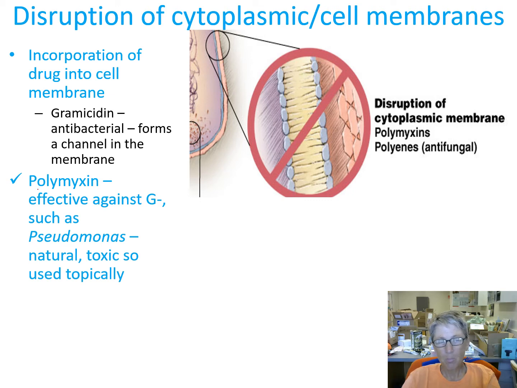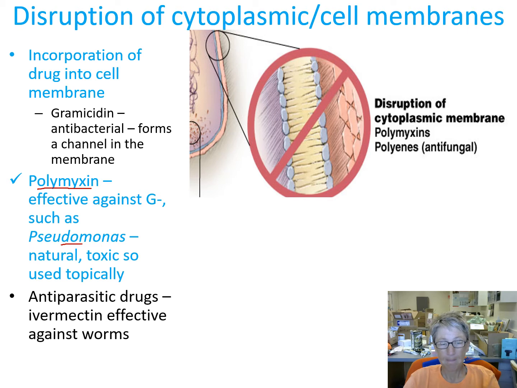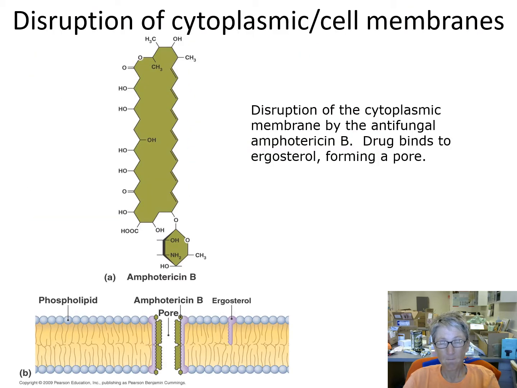Other drugs, polymyxin is effective against gram-negative bacteria such as Pseudomonas. It's natural, but it's toxic, so you use polymyxin topically.